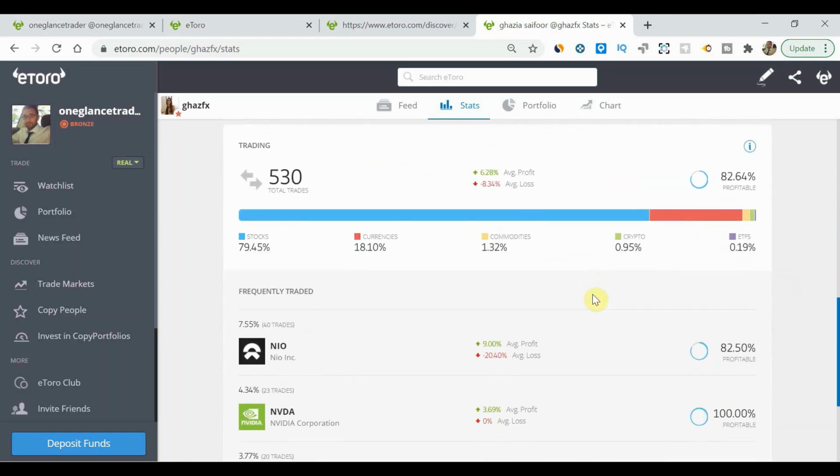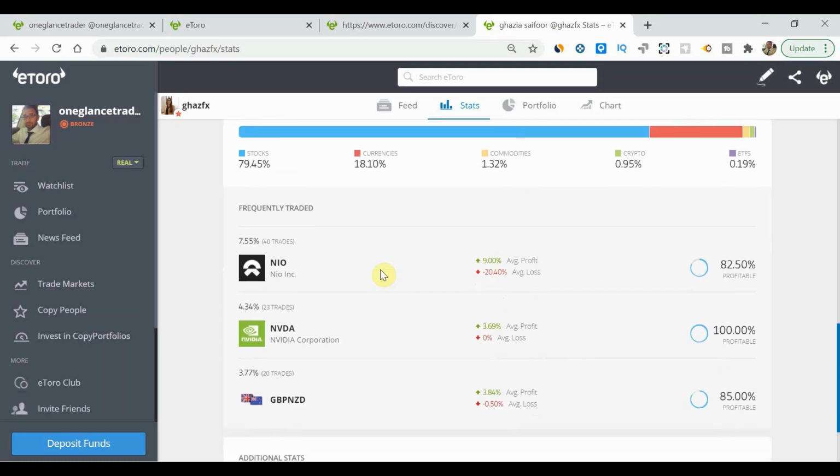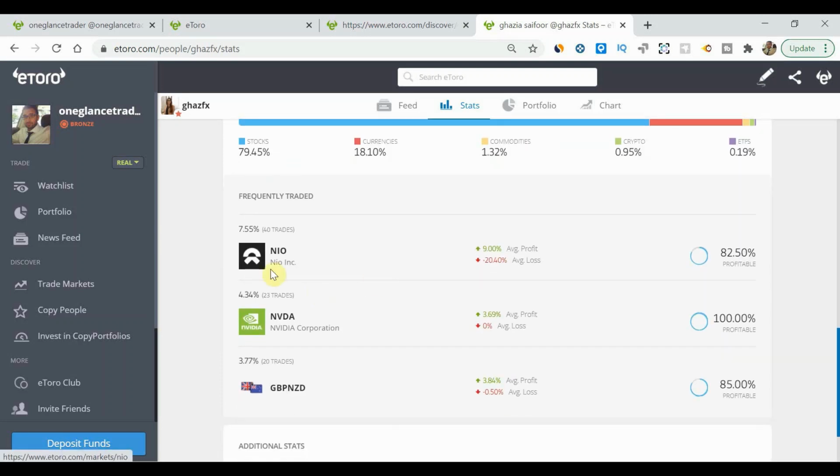And the bit I like about this is their reliance on other asset classes other than stocks. Even though purely 80% is on stocks, if we look at the top stock holdings, Neo again is a growth stock, which is fine. I've got no problem with Neo. I'm quite comfortable with Neo in the long term.